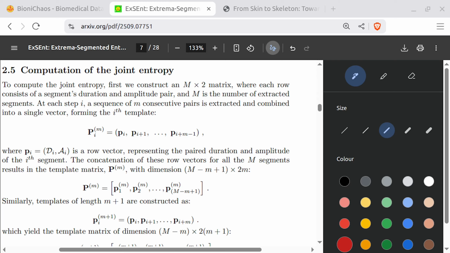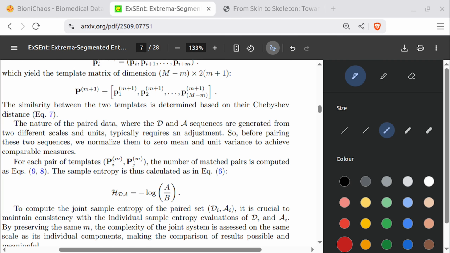These templates are then used to create a template matrix. Similarly, templates of length m plus 1 are also constructed. The similarity between these templates is determined using the Chebyshev distance. The duration and amplitude data need to be normalized before comparison. Finally, the number of matched pairs is computed, and the sample entropy is calculated.